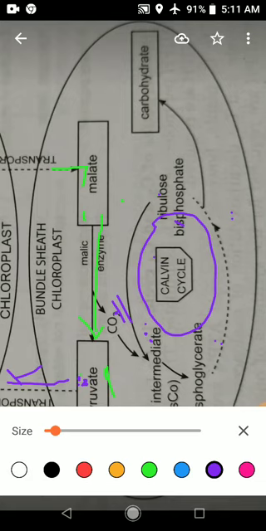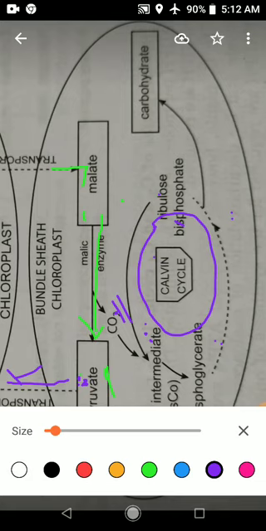So this is the Calvin cycle that is taking place in the chloroplast of the bundle sheath cell. So children, you studied the C4 cycle. In the C4 cycle, the initial reaction takes place in the mesophyll cell. Phosphoenol pyruvate carboxylase catalyzes the formation of oxaloacetate from phosphoenol pyruvate and carbon dioxide.